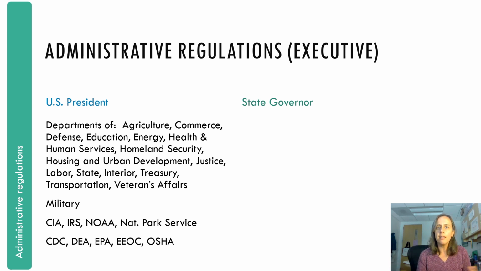Just a sampling of some of the federal regulatory agencies that are overseen by the executive branch would be the CIA, the IRS, Internal Revenue Service that collects taxes, NOAA, which is the National Oceanic and Atmospheric Administration, National Park Service, CDC, Centers for Disease Control, the DEA, Drug Enforcement Administration, EPA, Environmental Protection Agency, EEOC, which is the Equal Employment Opportunity Commission to make sure you don't get discriminated against at work, and OSHA, which is the Occupational Safety and Health Administration.